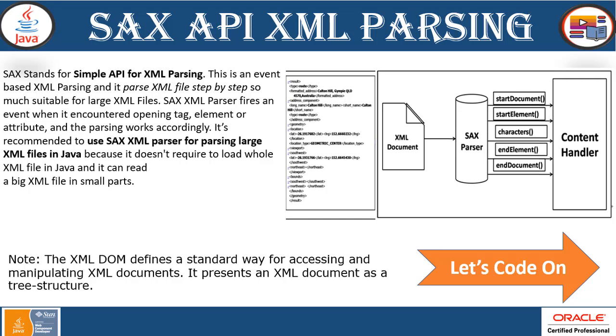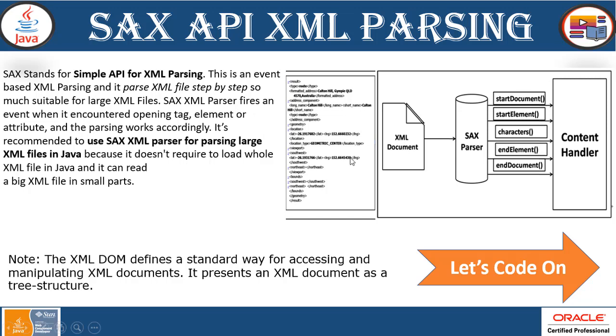The parser fires an event when it encounters an opening tag, element or attribute, and the parsing works accordingly. It's recommended to use SAX XML parsing for large XML files in Java because it does not require loading the whole XML file, and it can read a big XML file in small parts.